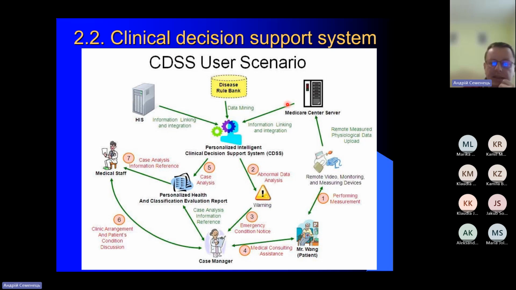And as a result, based on all this input, the personalized CDSS has to provide, for example, in case of emergency, some kind of alerts, which have to be delivered to a case manager, who is not exactly high-ranking medical staff, but based on their experience, the request has to be redirected to medical staff, or some immediate additional consulting has to be provided for the patient.